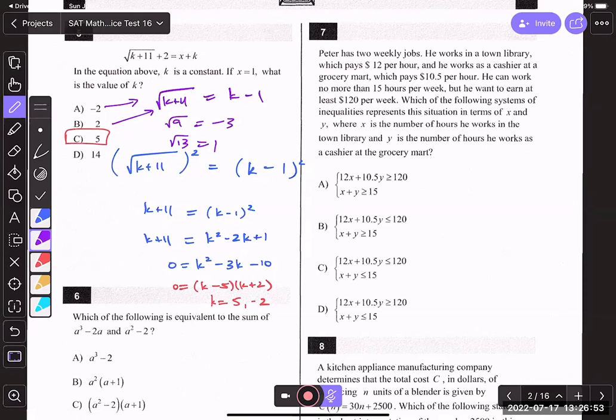Yeah. So for this question, it's a lot easier if you just plug your answer choices into the values of k rather than actually solving it out algebraically. So for something like this, if you're not sure about how to actually do it, take advantage of the fact that it's a multiple choice test, right? You're given the possible values of k. If you know one of them is going to make your equation true, just plug them in one by one and see which one makes it right.